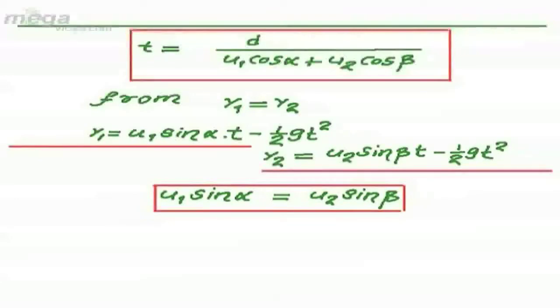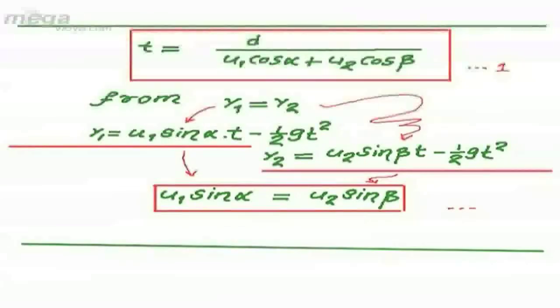Say the height of projectile 1 is y1, then it ensures that the y component of the other projectile, y2, is exactly equal to y1, only then they will reach the same height. Under this condition, if u1 cos alpha t plus u2 cos beta t becomes equal to the initial separation, then it is sure shot for the collision to occur.